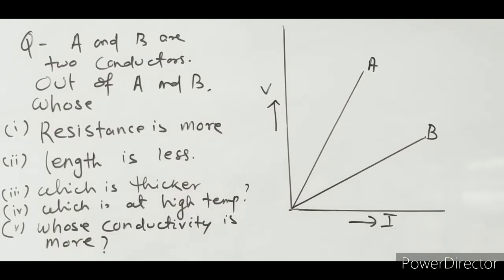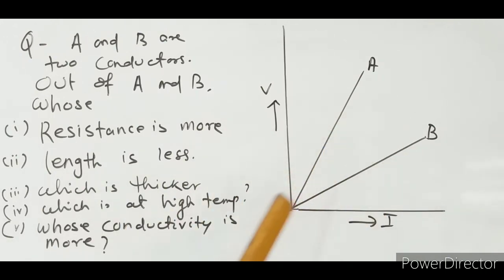Now one question for you, try to answer. I have given you a graph. This is a VI graph, where the y-axis represents potential and the x-axis represents current, and A and B are two conductors.